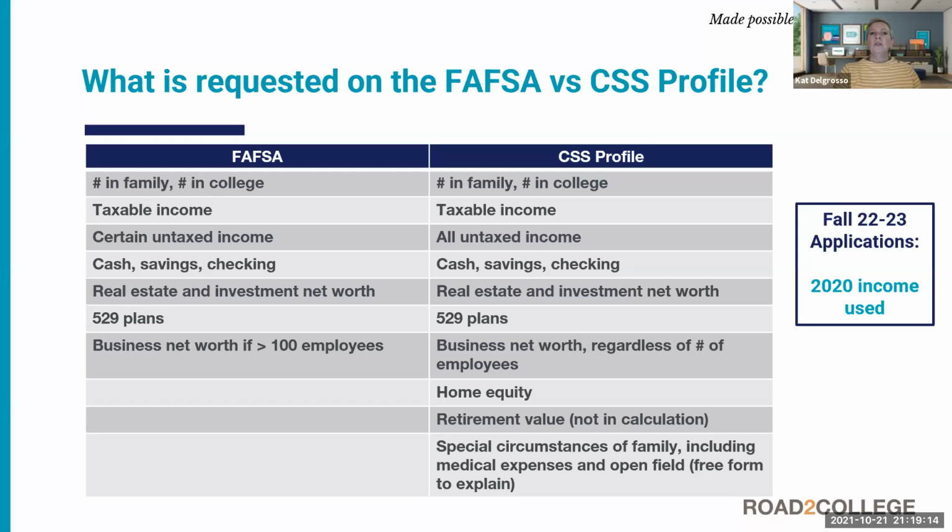That's correct. So really what you have to realize is that it's not in the calculation, whereas the line above it, home equity, is. You just have to realize that the school might take a look at it, but really only to make sense of things. So for example, let's say someone is 65 sending their kid to college versus someone who's 50.